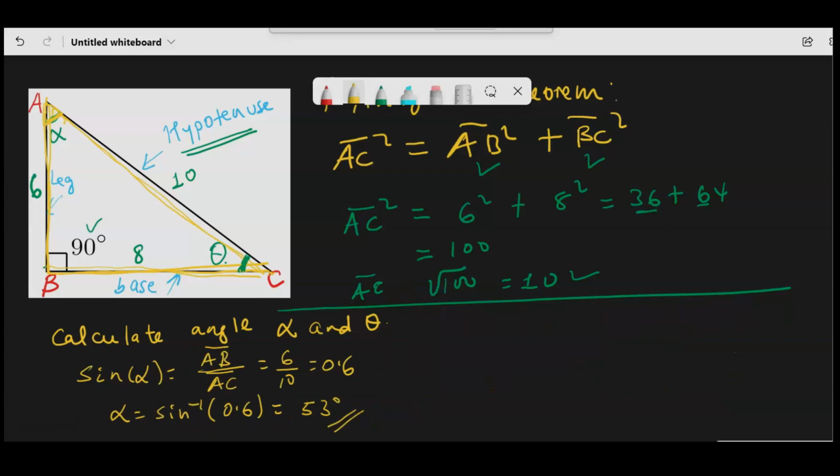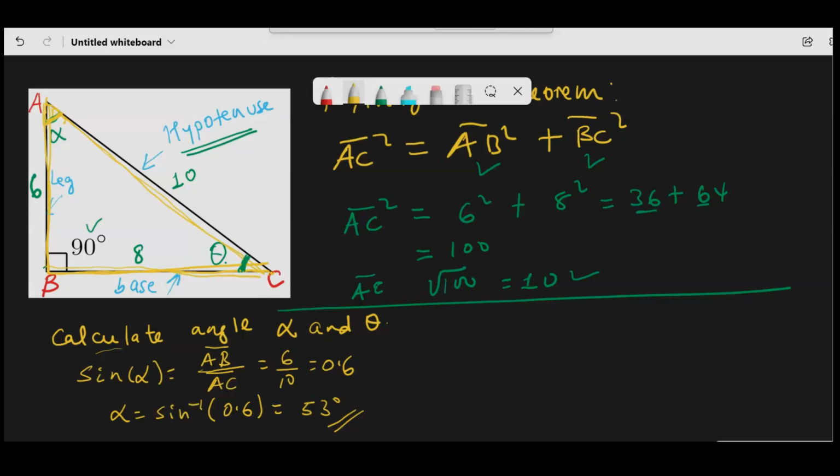Alright, the third angle theta can be calculated either using the same trigonometric functions, sine or cosine, or we can directly calculate it from the rule that the sum of the internal angles of a triangle must be 180 degrees.